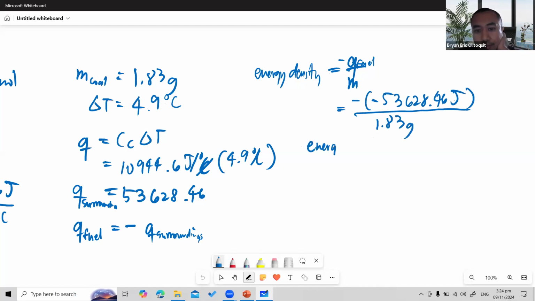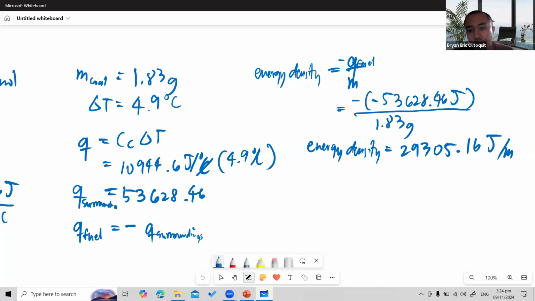Therefore, the energy density is equivalent to 29,305.16 joules per gram of coal, so 29.3 kilojoules per gram. This is the heat we generate per gram of coal. Okay?